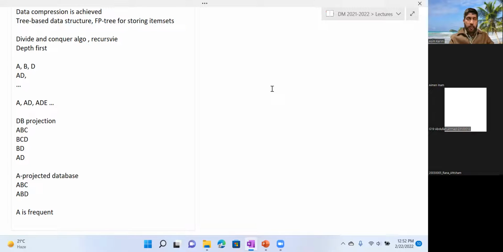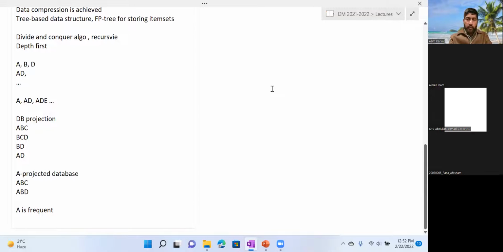If in this projected database we compute the count of B, for example, B is also frequent, recurring twice. So from this, we would know for sure that AB is also frequent.